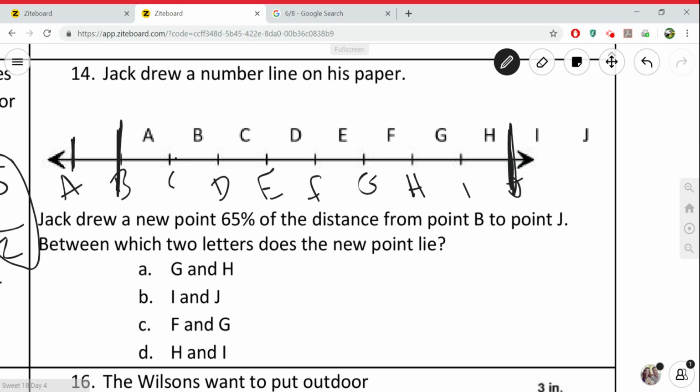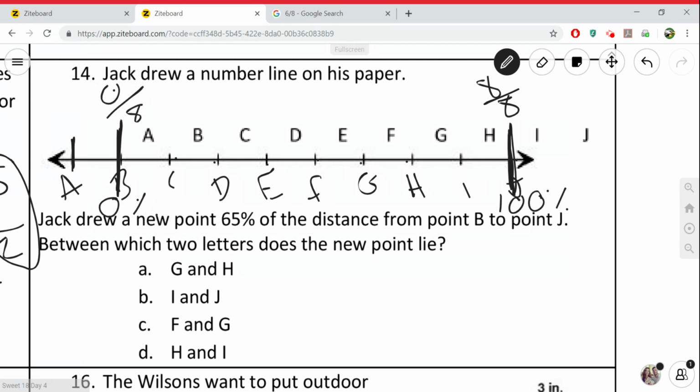So we count this, that's going to be 1, 2, 3, 4, 5, 6, 7, 8. That's 8 jumps. And this is 100%, so this is 8 out of 8. This is 0%, which is 0 out of 8.